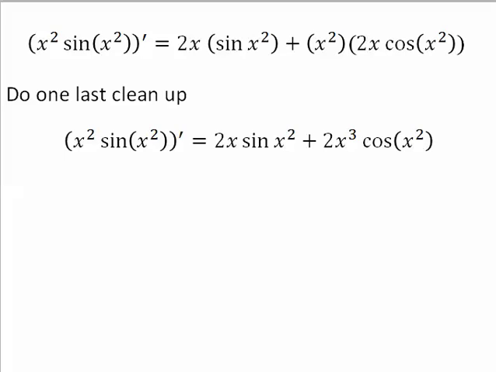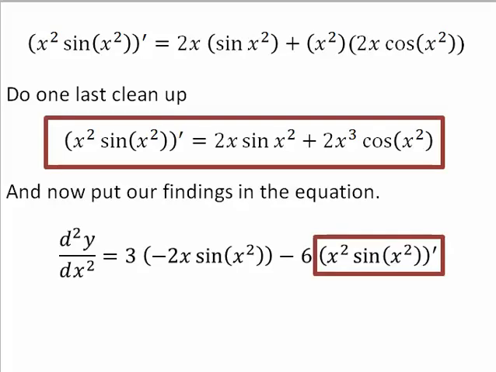Now remember, this was just one piece of the puzzle for finding the second derivative. So we're going to put this piece that we just found in for the derivative of x squared sine x squared that we were looking for. So let's do that.